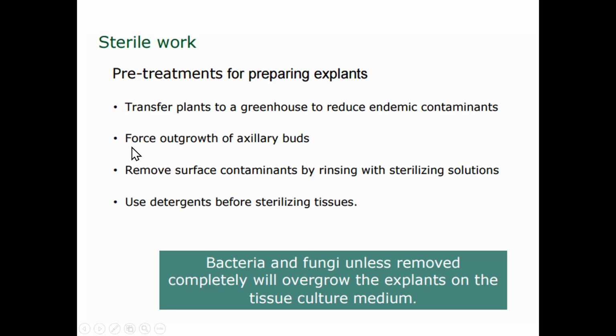Force outgrowth of auxiliary buds, that is your explant, and remove surface contaminants by rinsing and sterilizing solution. There are some chemical solutions, so you put the bud in, remove the external solution and then wash with distilled water, that is sterilized distilled water.